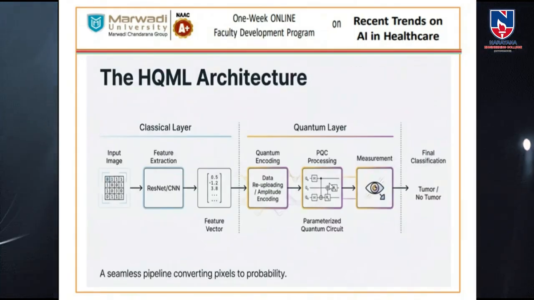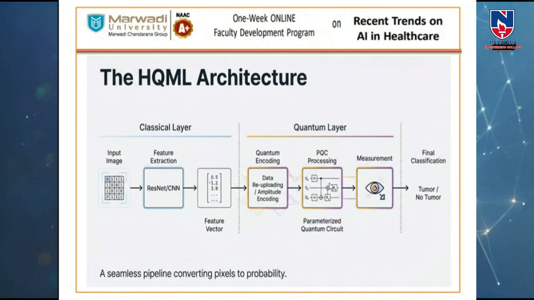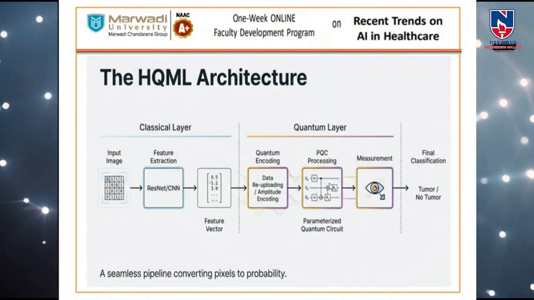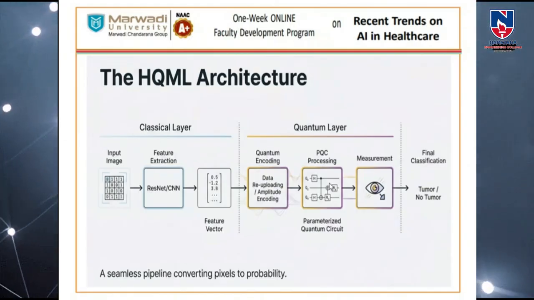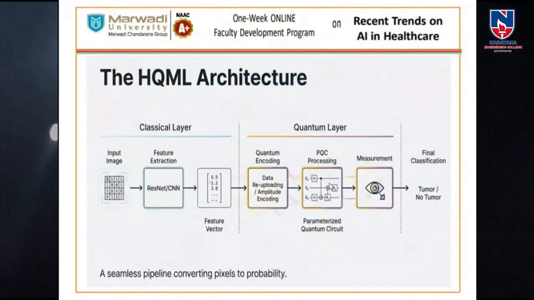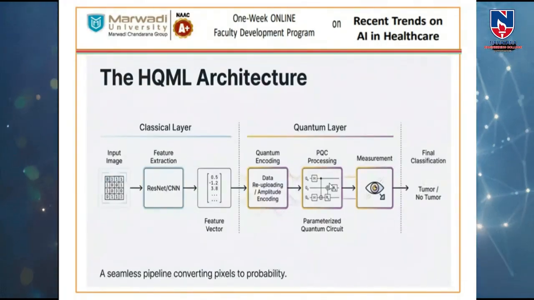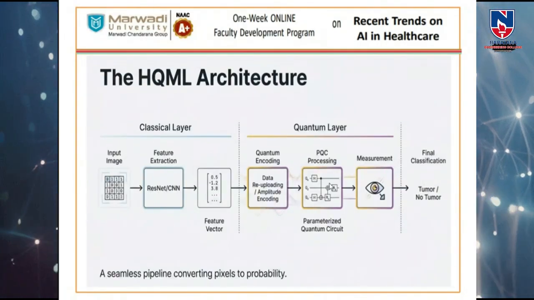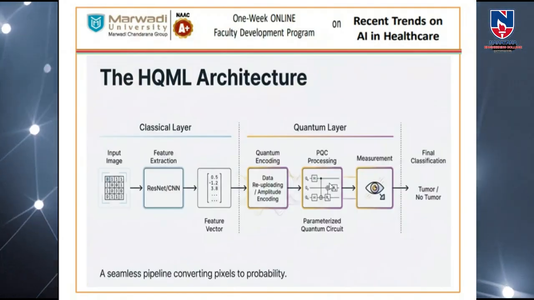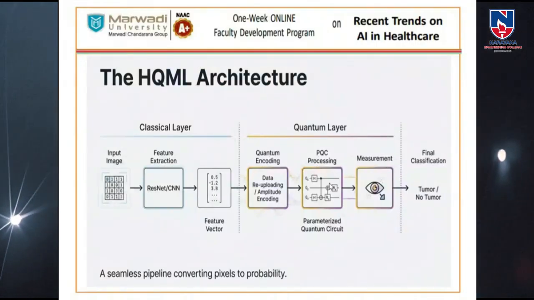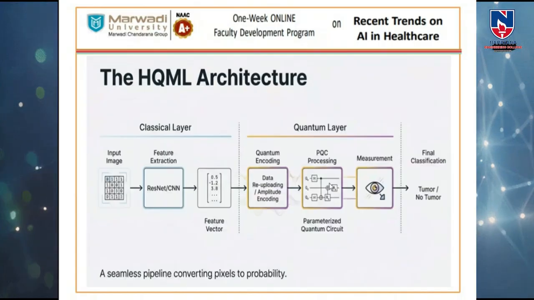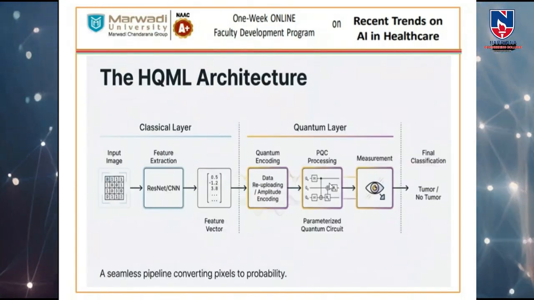A parameterized quantum circuit, using gates like the Pauli gate and the RY gate, processes the information and leverages quantum superposition and entanglement to model complex feature interactions. After quantum measurement, the resulting probabilities are used to finally classify, such as whether a tumor is present or not.